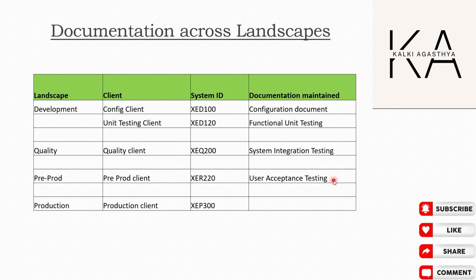Once we receive the sign off from the business with respect to the changes requested, finally we deploy it to production based on all this evidential documentation which is available with us. So this is all about landscape management and documentation for landscape management.